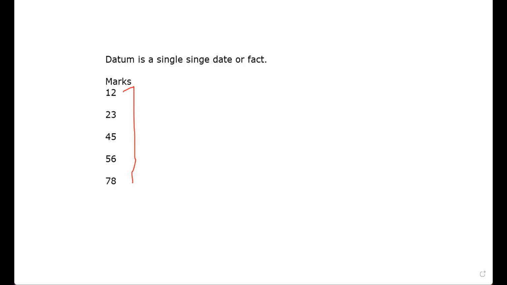My dear student, as I said earlier, a combination of datum is called data, because datum is a single fact, and when multiple datum are joined and collected, we form the data, and data is in the form of numbers, text, bits. Okay, so this is all about data and datum.